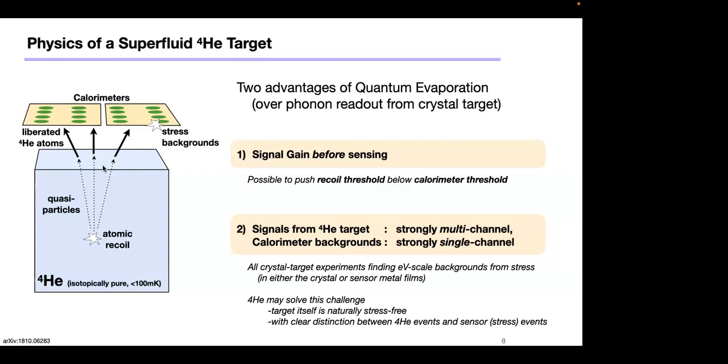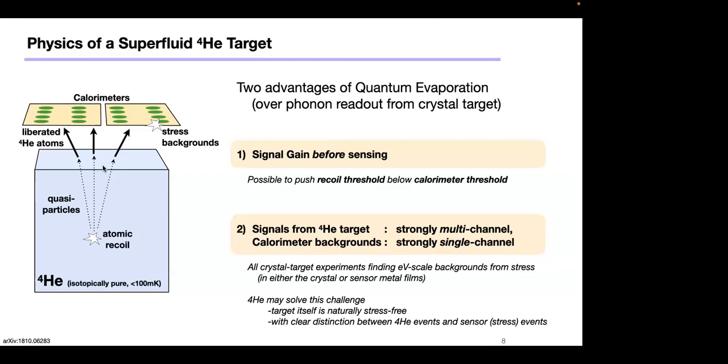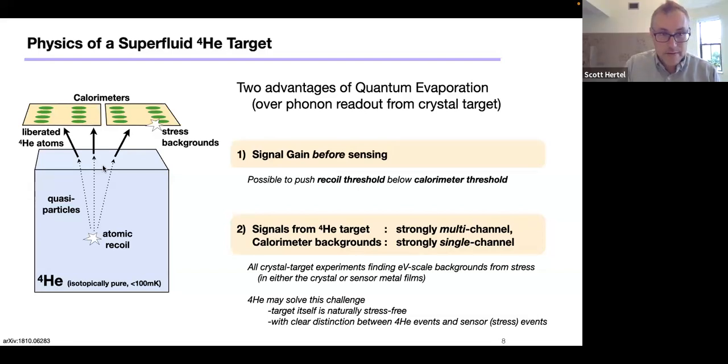We can distinguish evaporation events from backgrounds in the calorimeters, because evaporation events appear in more than one calorimeter. Got it. Thank you very much. Yeah, so we actually have this device in lab right now, and this will be our next run. We've just cut the circular calorimeter in two.